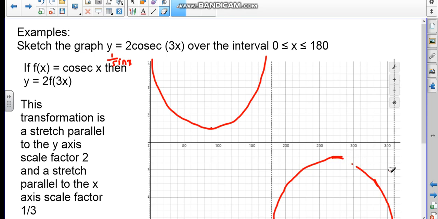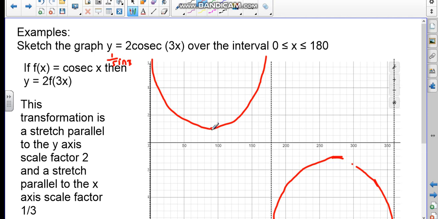Now I want to stretch this, so we'll start with the stretch in the y direction because that's easier. Now remember, everything's stretched from the x-axis, so the only thing that doesn't move is the x-axis, everything else moves by a scale factor of 2. So these points up here are just going to get steeper because they're stretching away to infinity. The key point is this one here.